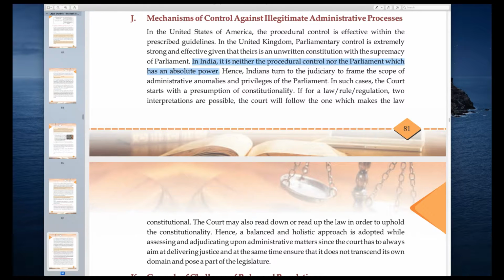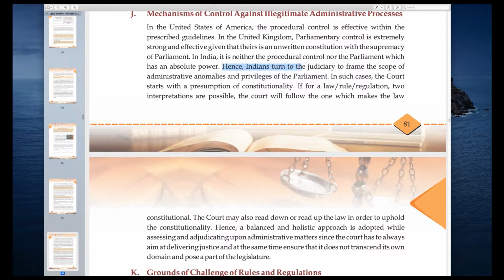So in India, what is that? Neither President nor Parliament has the absolute power. So in the case of India, neither the President, that is the executive, nor Parliament, that is the legislature, has the absolute power. Okay, hence Indians turn to the judiciary to frame the scope of administrative anomalies and privileges of the Parliament.